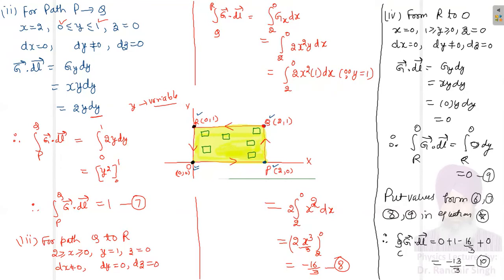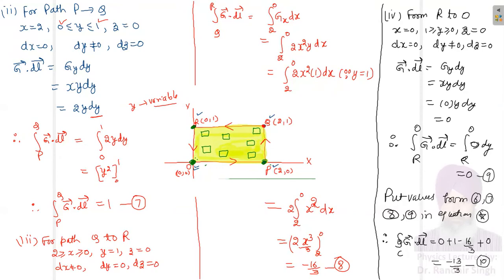Any elementary surface I draw should be within the whole closed path OPQR, and for all these elementary areas, the value of x will start from 0 and end at 2, and the value of y will start from 0 and end at 1. So the limits of x are 0 to 2 and the limits of y are 0 to 1.